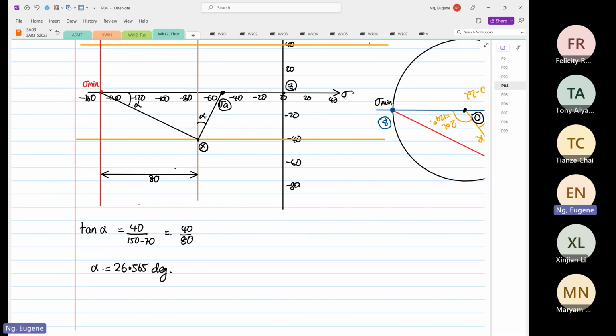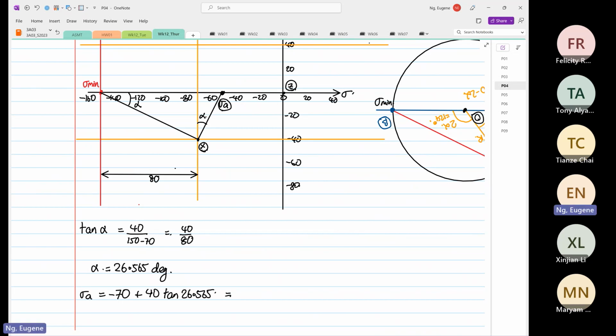So from here, we can find our stress A, which is equal to minus 70 plus 40 times tangent 26.565.